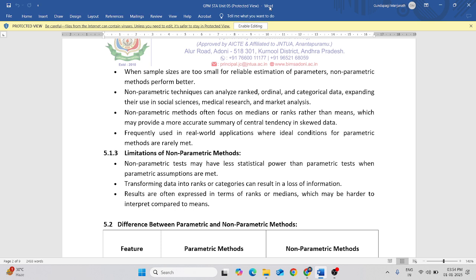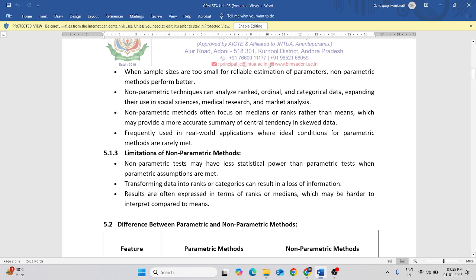Results are often expressed in terms of ranks or median, which makes the value difficult to interpret. So on what basis are we taking the decision? We are just proving the hypothetical statements.